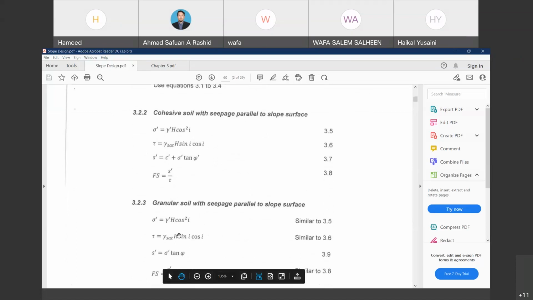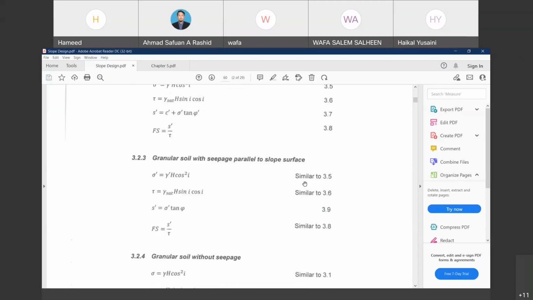For the granular soil with seepage, it is similar to 3.5 and 3.6. This is with seepage. However, there is no C value, because it is a granular type of soil. The factor of safety derivation is still similar, with 3.8.